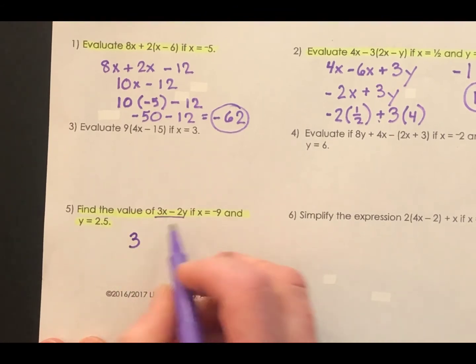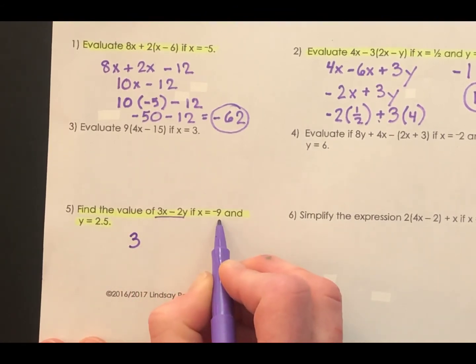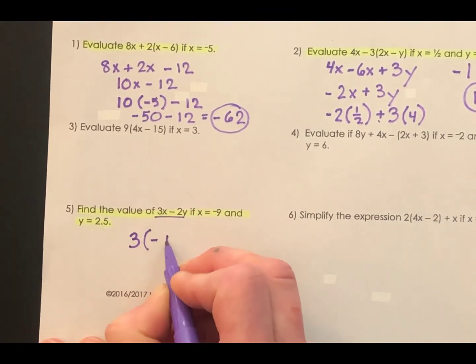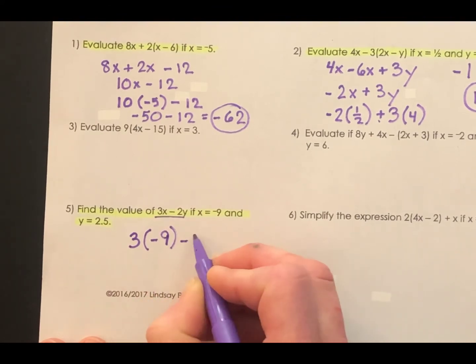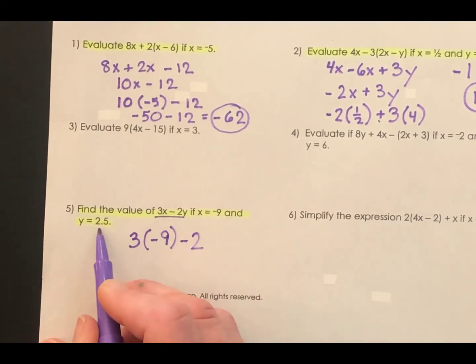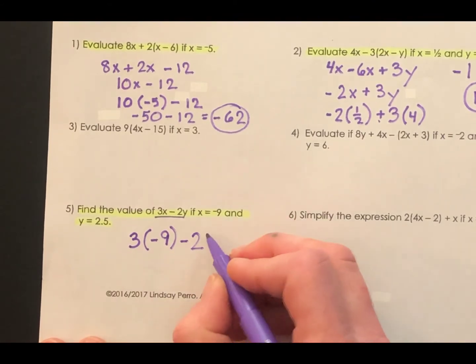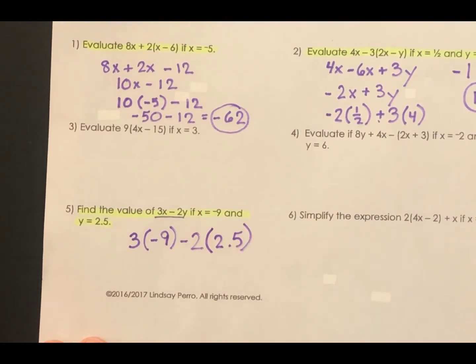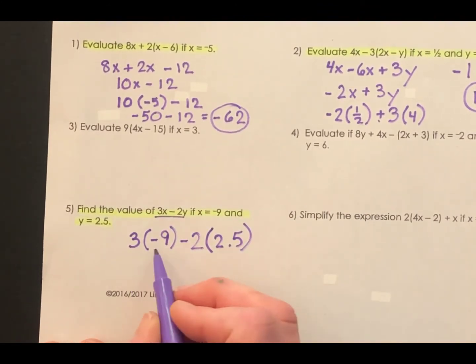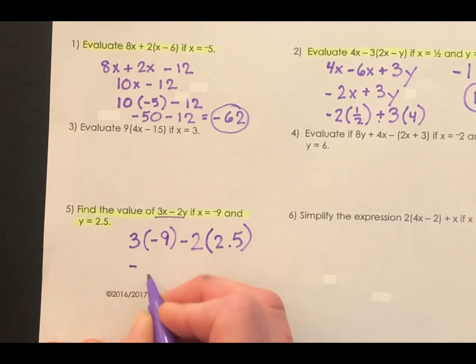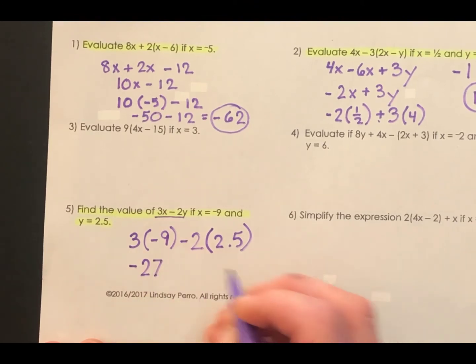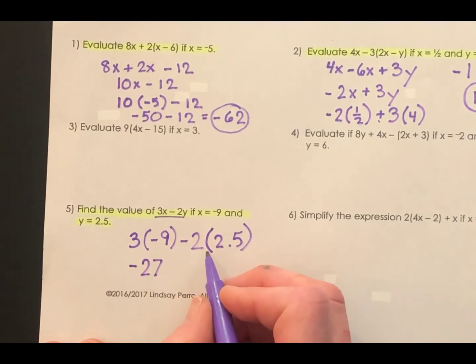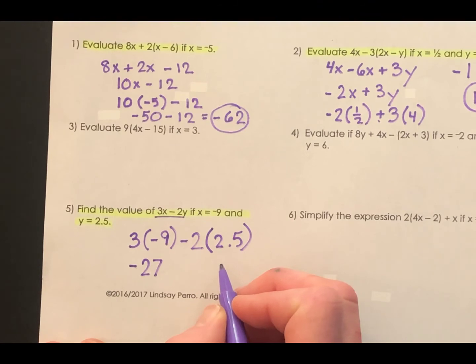3 times x is negative 9 minus 2 times y is 2.5, 2 5/10, however you want to say it. So 3 times negative 9 is negative 27. Negative 2 times 2 5/10, to me that will always be 2.5.